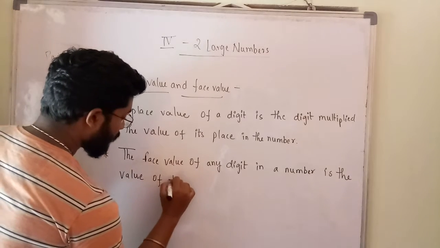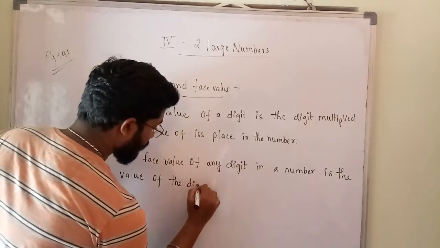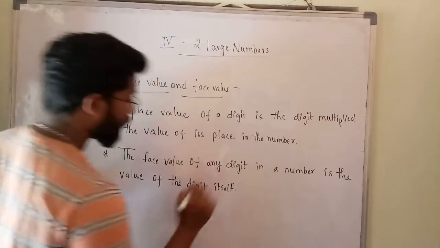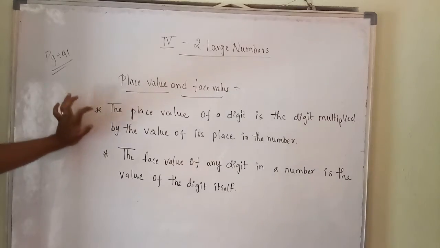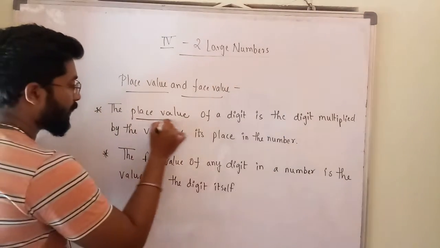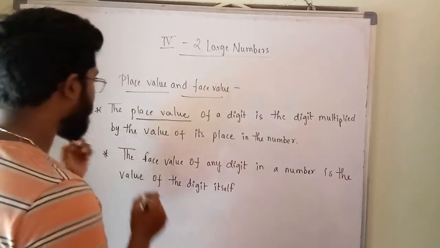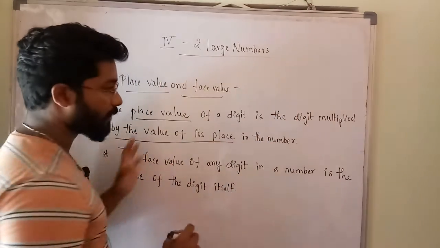Okay, so this is the first point. The place value of a digit is the digit multiplied by the value of its place in the number.